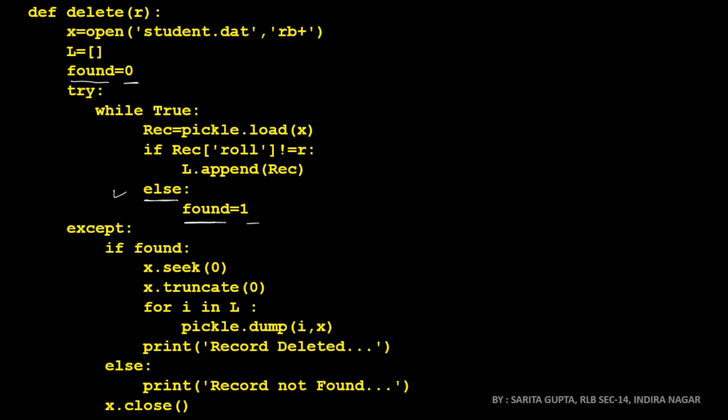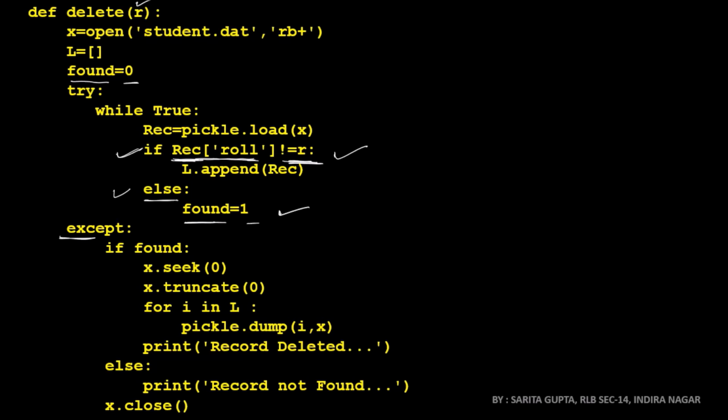This else statement will be executed when the roll number read from the file in the dictionary object rec matches with the roll number given by the user, that is, when this condition is false. That is changing the value of found when the roll number given by the user is found in the file.